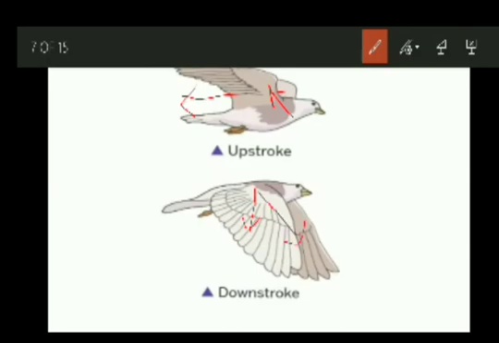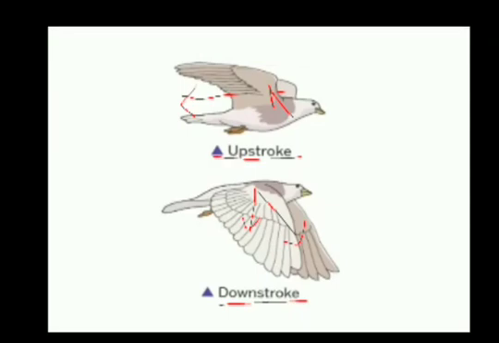Okay, so this stroke is called downstroke, and this one, the upward and backward, is called an upstroke. Downward and forward direction of flapping is called downstroke. Okay, let's come to the next topic.